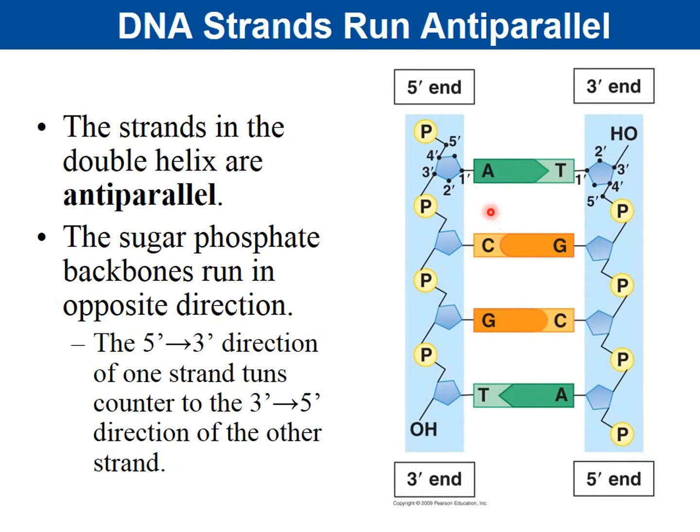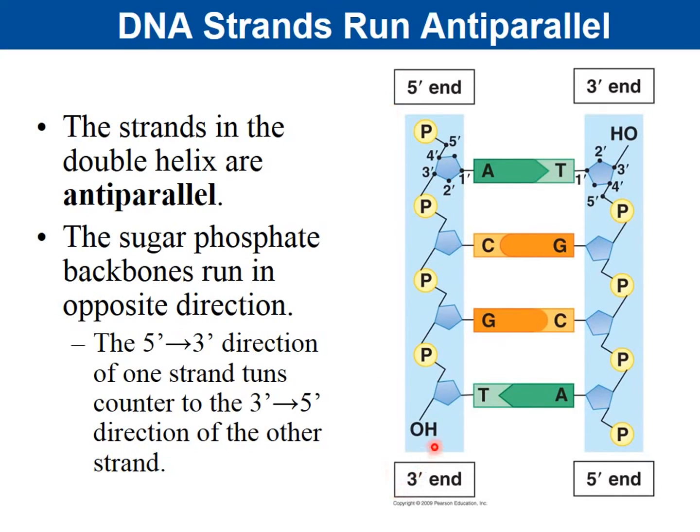That's that little line there. So the 5' end is going to be the free 5' phosphate. Notice if you look at the rest of the 5' phosphates along the strand, it's participating in that covalent bond that's joining the nucleotides together. So this one's not free, this one's not free, but the only free one is going to be at this end, and we call that particular end the 5' end.